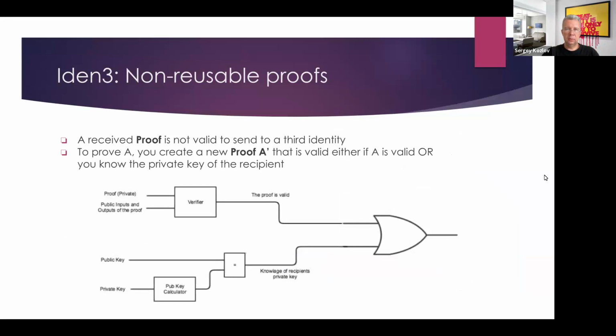And getting back to non-reusable proofs, if you want, you can separately go and read deeply about it, but just believe me that it's possible to generate a proof which can only be accepted by a specific address.